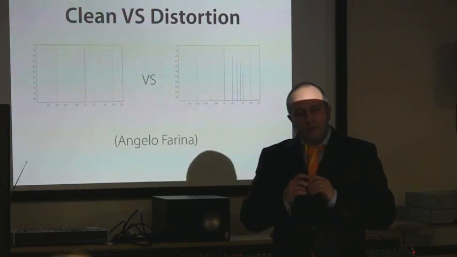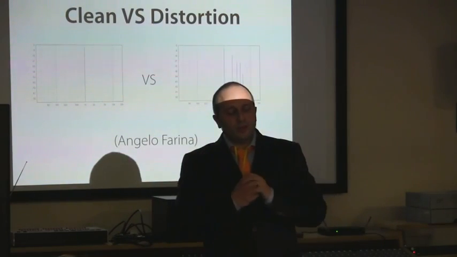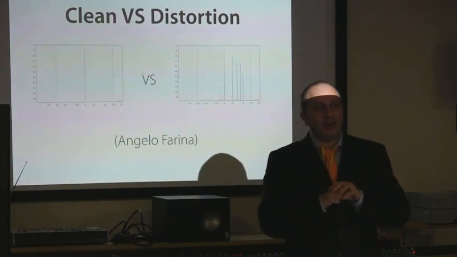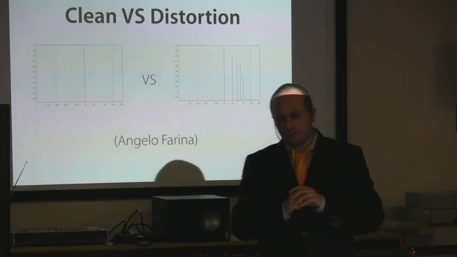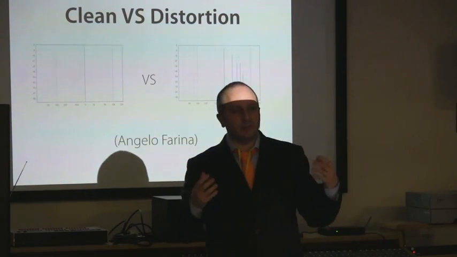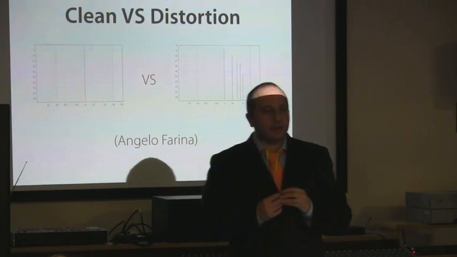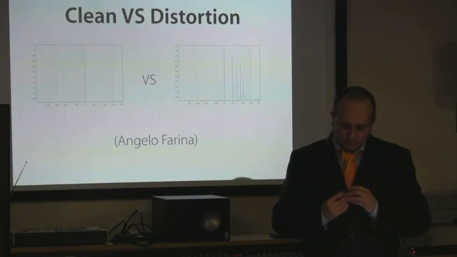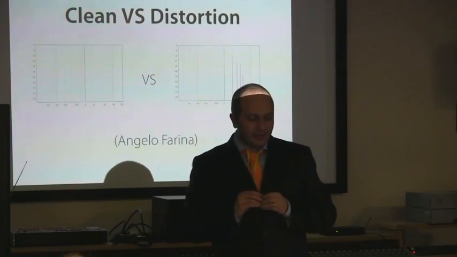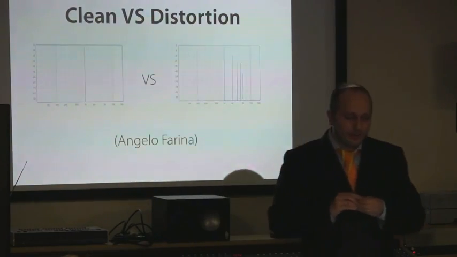I told you we have a sort of clean convolution. The next step is how to add distortion again, because we started from something which was clean, alive but clean. But you miss harmonics. Okay. There is a convention paper from an Italian researcher, Angelo Farina, from Parma.